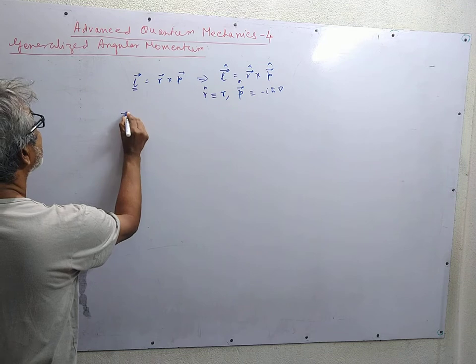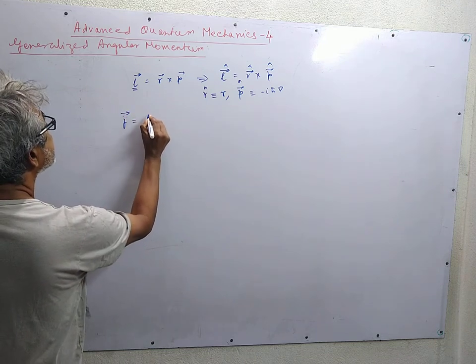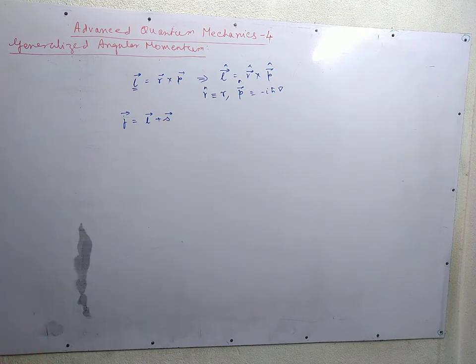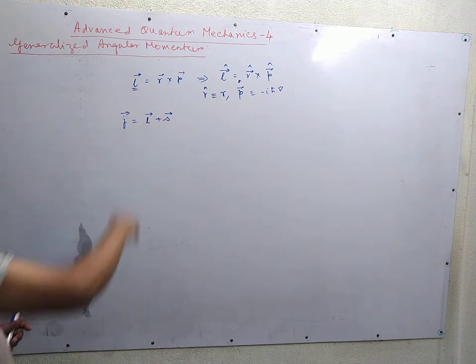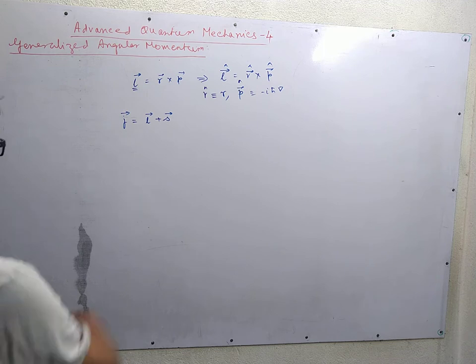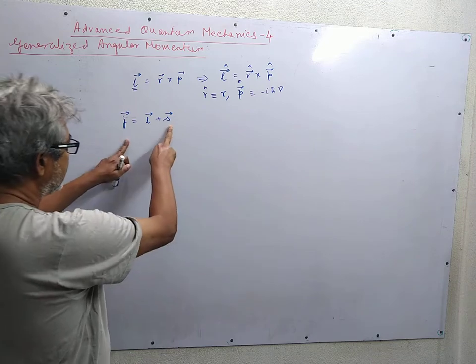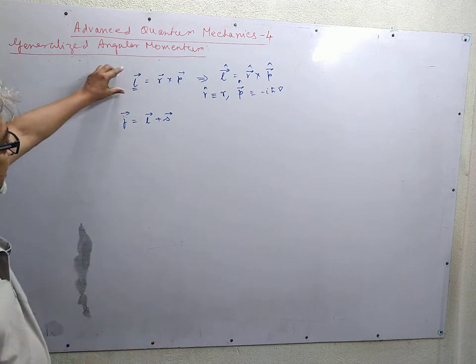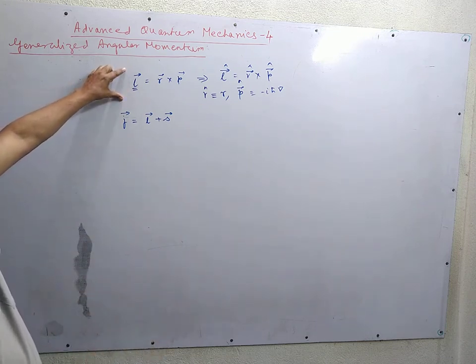Rather, we require to define the J operator, which is the orbital L plus S, where L is the orbital angular momentum operator, S is the spin angular momentum operator, and J is called the total angular momentum, and in quantum mechanics they are operators. The Schrödinger prescription is not applicable to S or J because neither S nor J has any classical analog. So we cannot start from a classical expression and then quantize it.